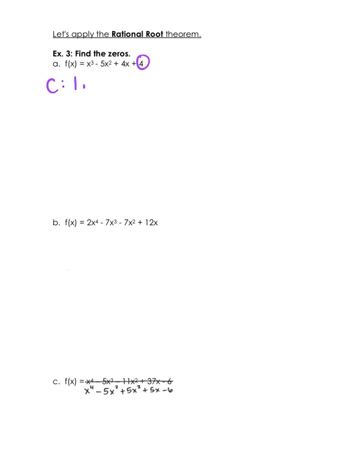Those factors are 1, 2, and 4. My leading coefficient in this case is 1. That's my favorite, because when the denominator is 1, my possible factors are really easy. It's plus or minus my constants, 1, plus or minus 2, plus or minus 4.